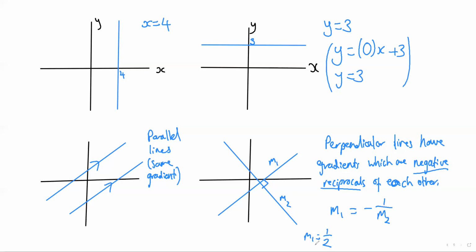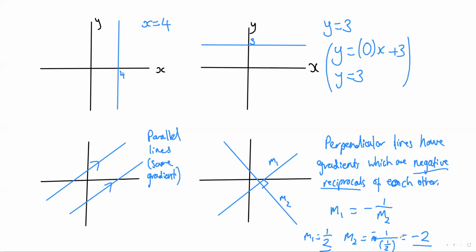So if it's a half, you find the negative, and then you put minus 1 over a half, like that, to find m2. And 1 over 1 over 2 is the same as just saying 2. So you get negative 2.